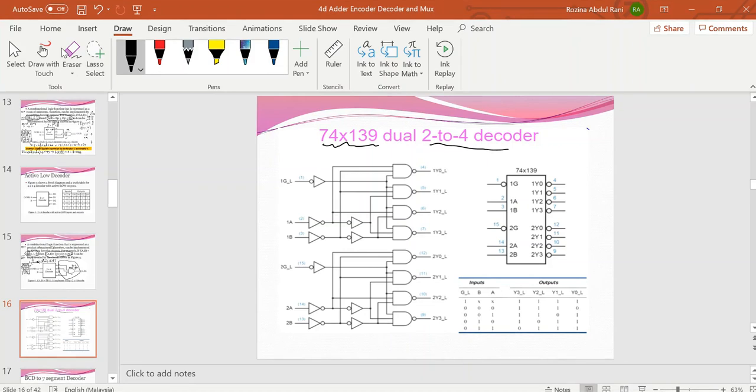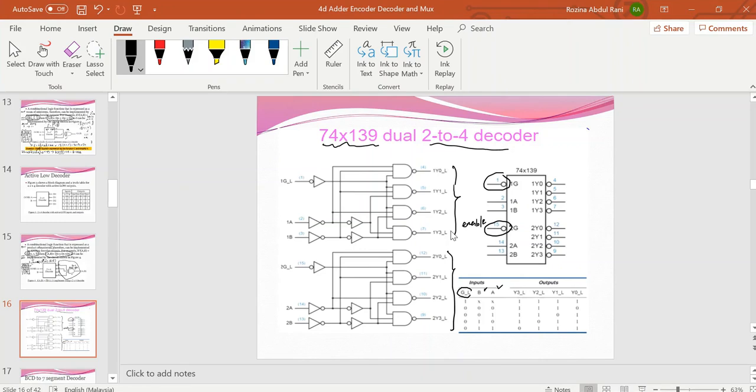This is one set, and this is another set of 2-to-4 decoder. This decoder also has another input function besides A and B, which is called enable.